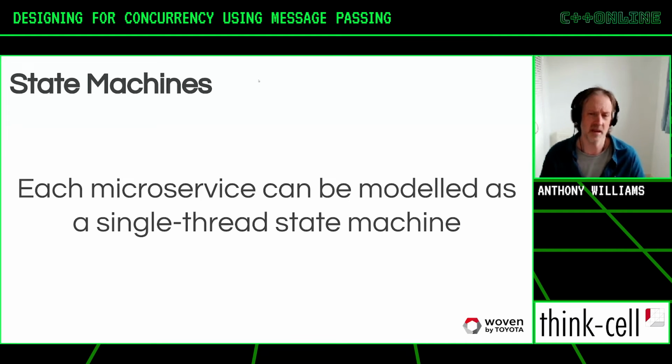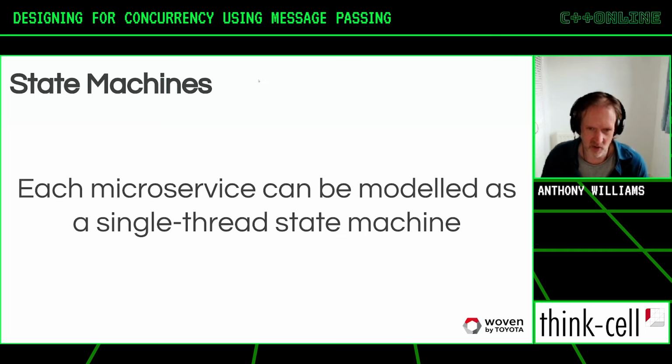And then one thing to think about is that if the entire API of your microservice is the messages that come in and the messages that go out, then this is a state machine. There is a heck of a lot of literature on how to design state machines, and so we can utilize that.